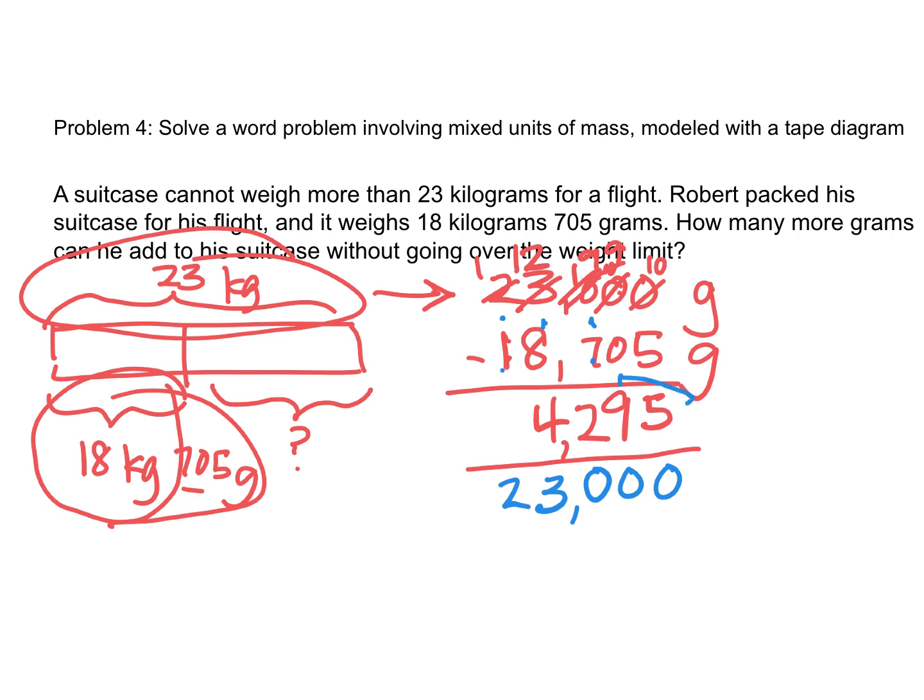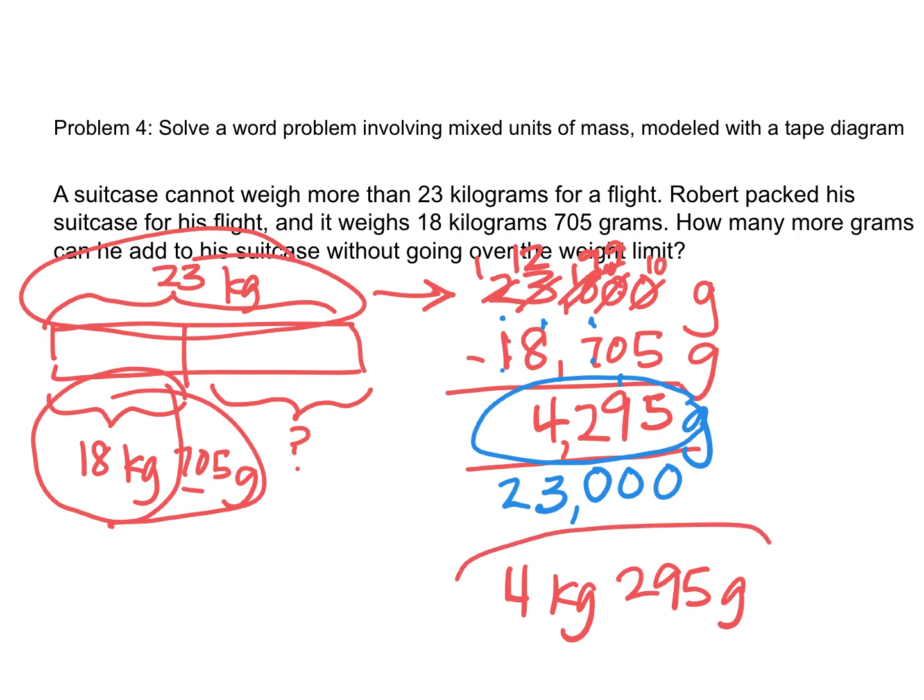So that confirms to me that 4,295 grams is our answer there. And if I were going to convert that into kilograms and grams, it would be 4 kilograms, 295 grams. And that's how much Robert can add in order to not go over.